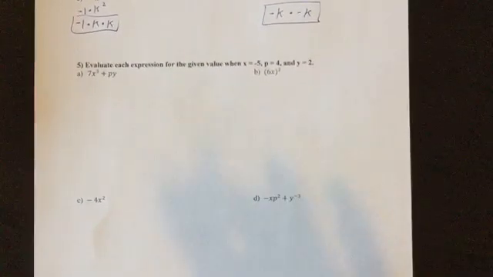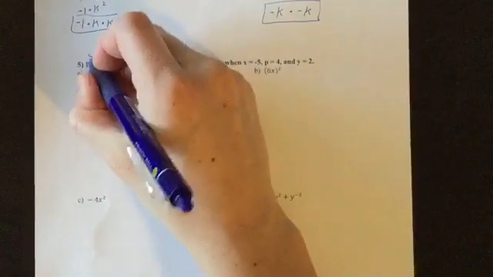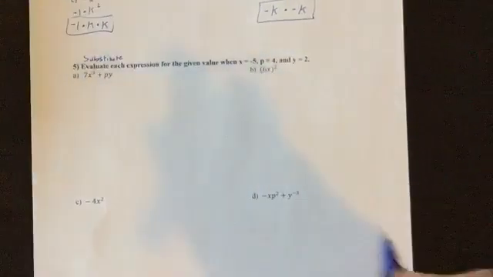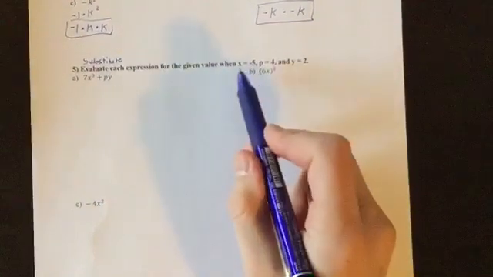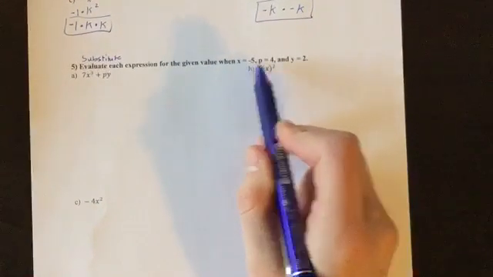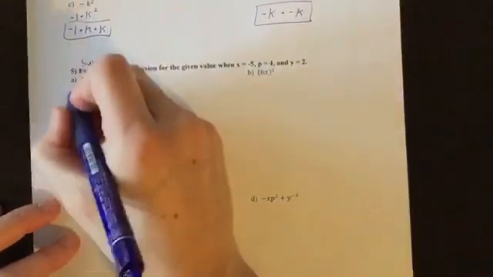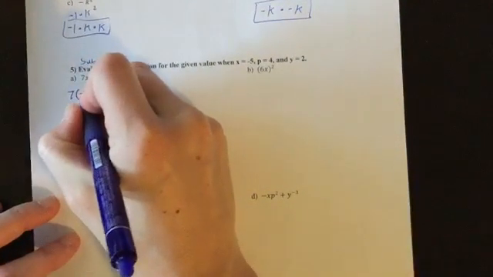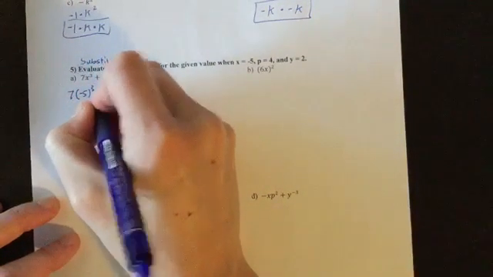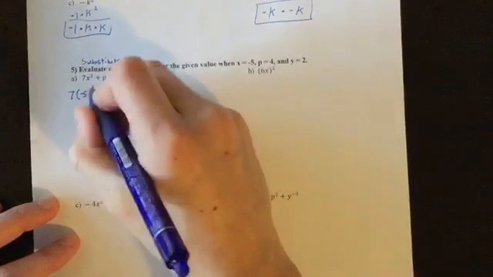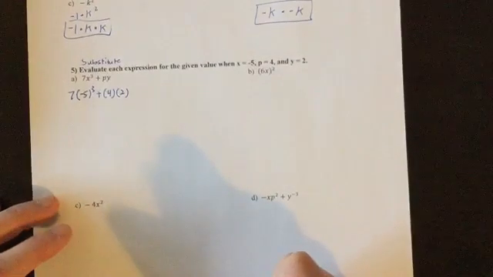On 5, we are evaluating, right? That's going to mean substitute in. We're going to use parentheses, evaluate each expression for the given value when x equals negative 5, p equals 4, and y equals 2. So we're going to substitute in using our parentheses and then simplify following our order of operations. Order of operations says exponents first.